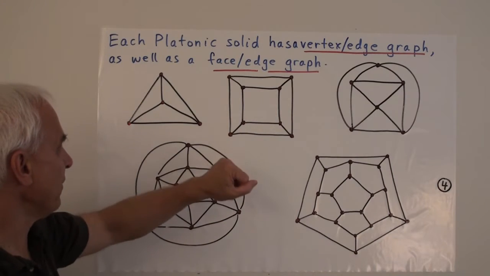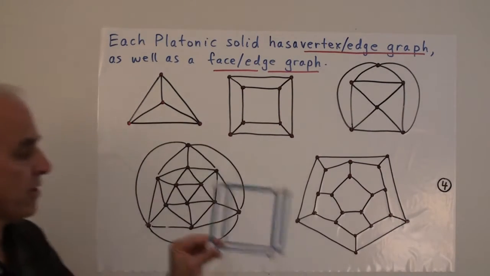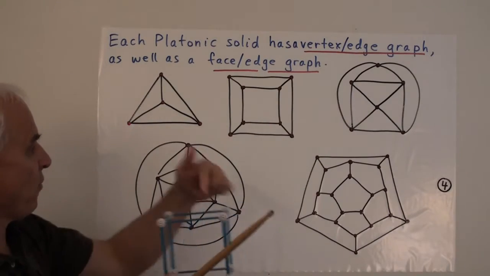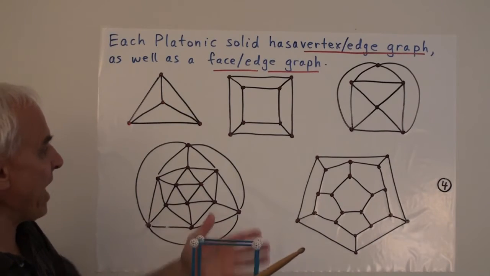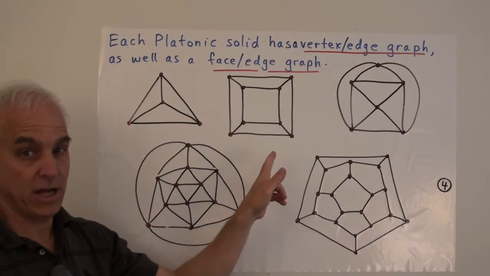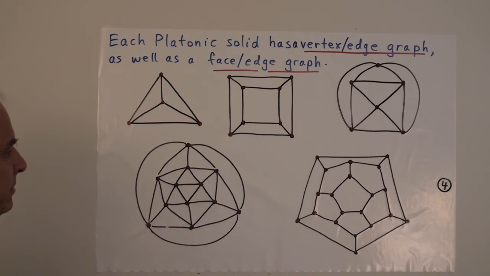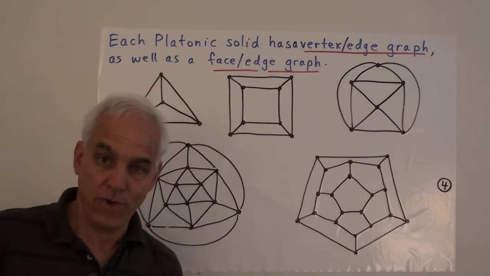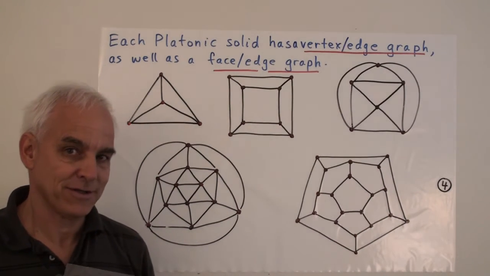In fact, that's true of all of these. So this is a cube. There's a face there, and then there's the four faces around the front one, and the face at the back is represented by the outside of the diagram. All right, so these are very pleasant and important planar graphs associated to the 5 Platonic solids.